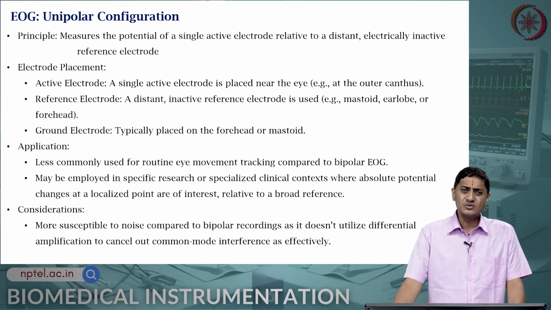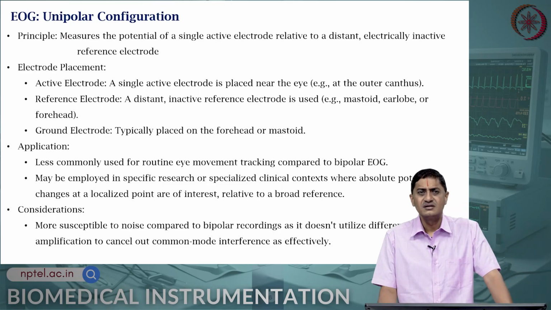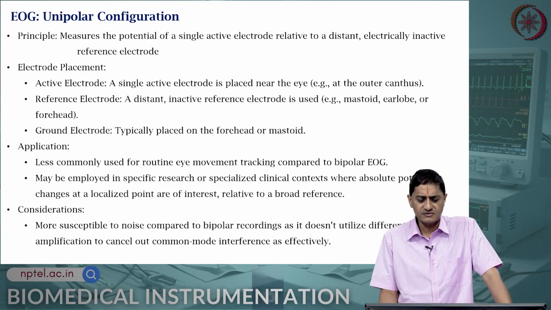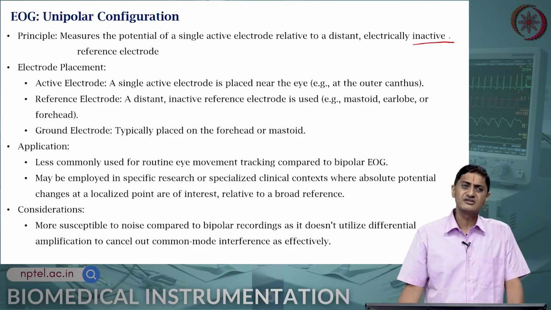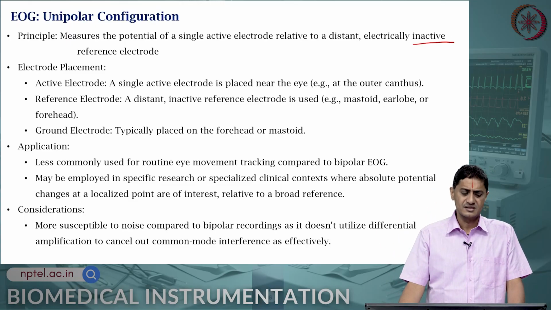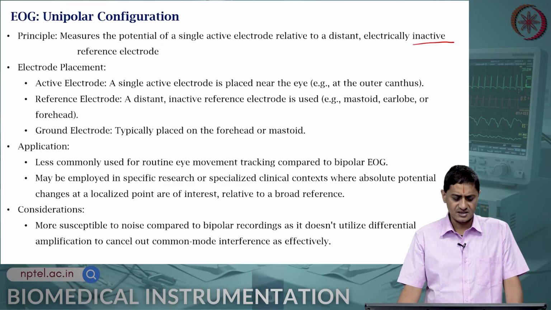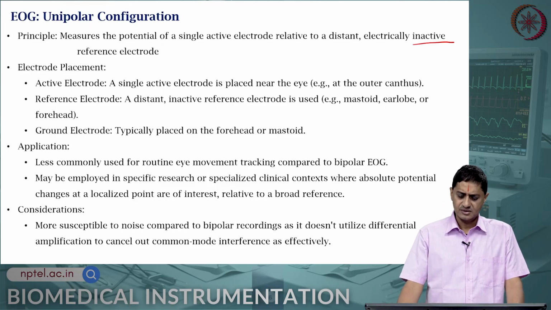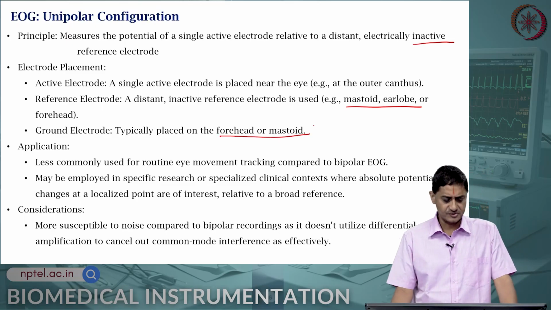There are two configurations in which you could measure EOG. One is the unipolar configuration, in which you measure the potential of a single electrode with respect to a distant, electrically inactive reference electrode somewhere else. The active electrode is placed near the eye, maybe at the outer canthus or the inner canthus, and the reference electrode is placed on the mastoid, earlobe or forehead, and the ground electrode is placed on the forehead or mastoid.